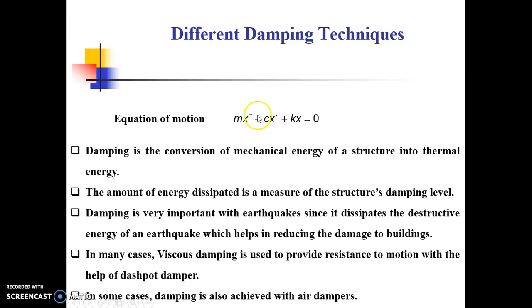So with the help of these three associated parameters in any vibratory system, we can have nice control on any vibratory system. Here our focus is towards the damping force, with which we can also have some control on any mechanical system.